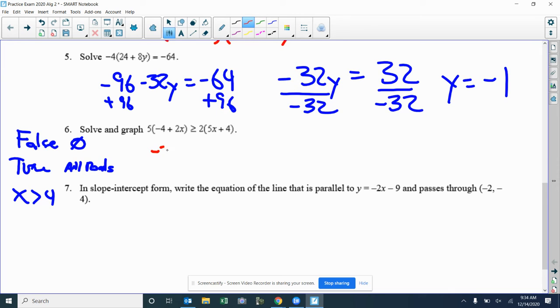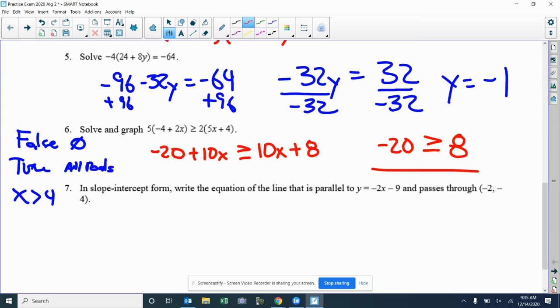We'll distribute. -20 plus 10x greater than 10x plus 8. So distributing there, the 5, and then distributing the 2. Now notice right away I have 10x, 10x, so something's already starting to be a little fishy for me. When I subtract 10x from one side or the other, I am going to end up with this statement right here, -20 greater than or equal to 8.